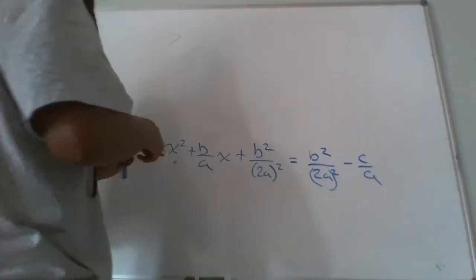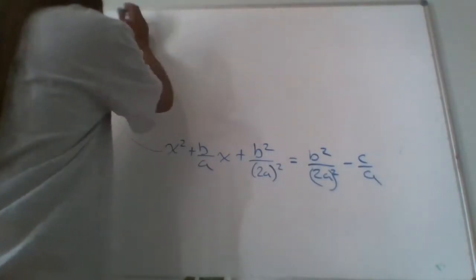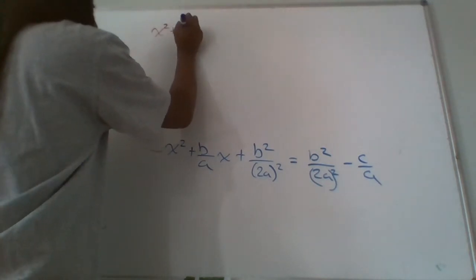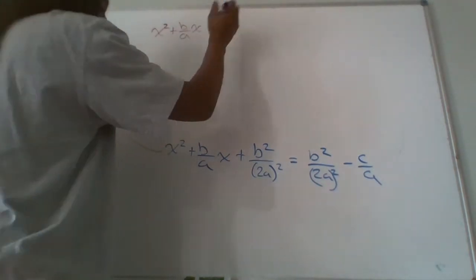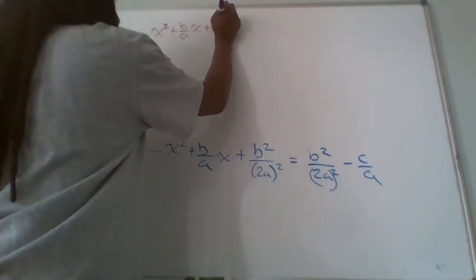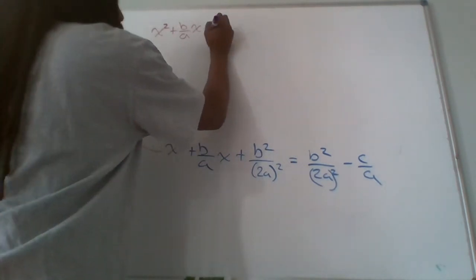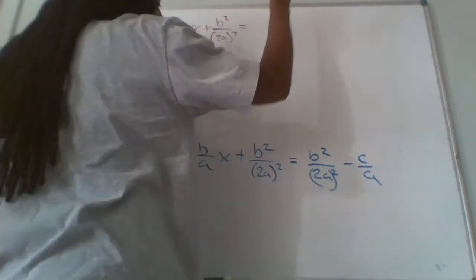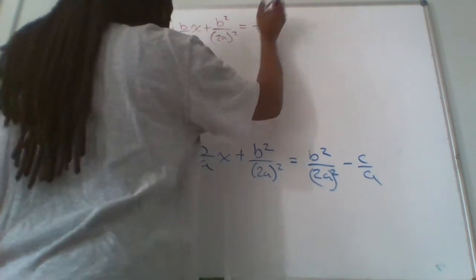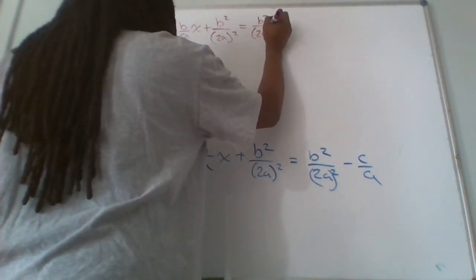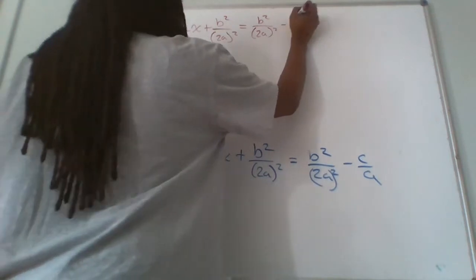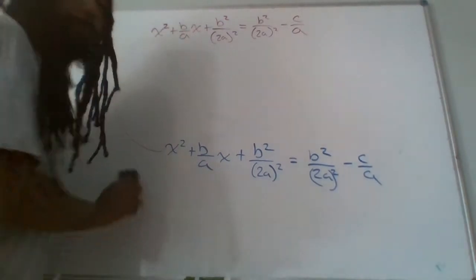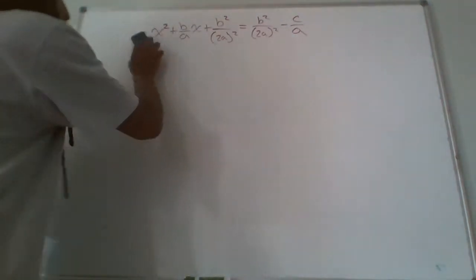Anyway, okay, so we're going to have x squared plus b over a x plus b squared over 2a squared is equal to b squared over 2a squared minus c over a. Plenty of room now.